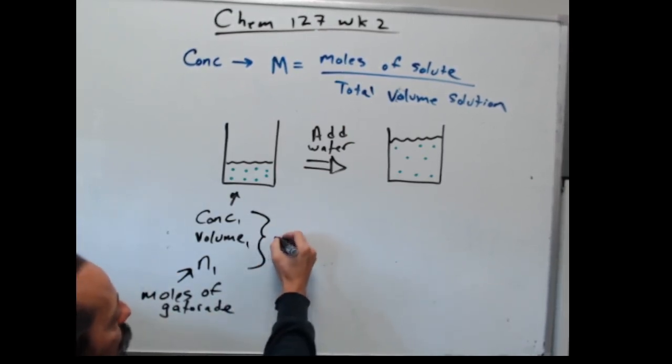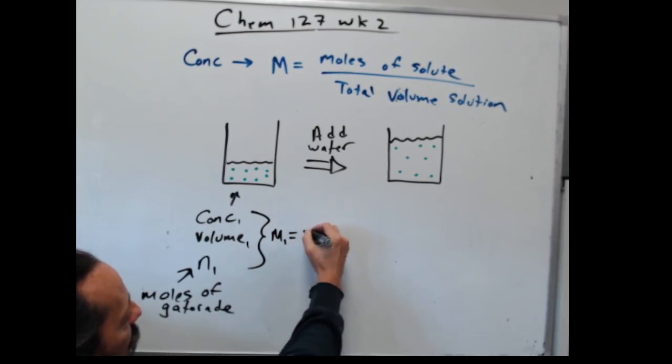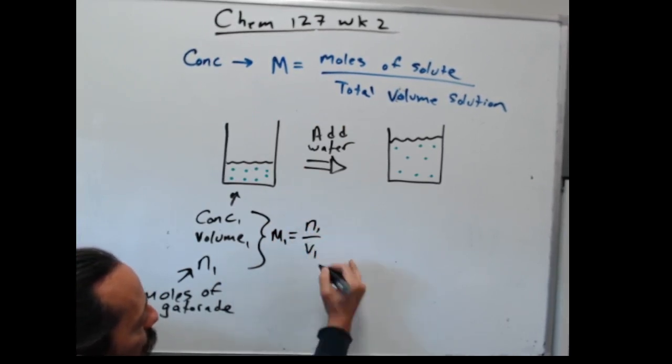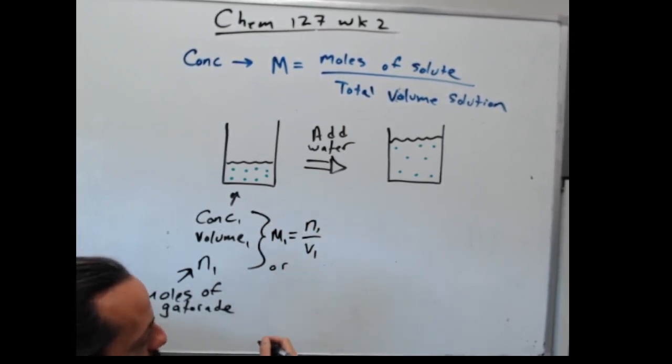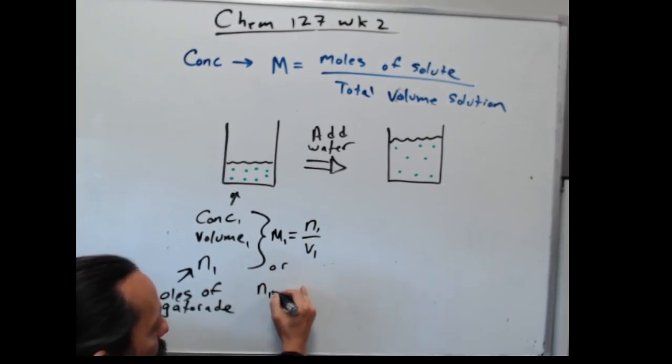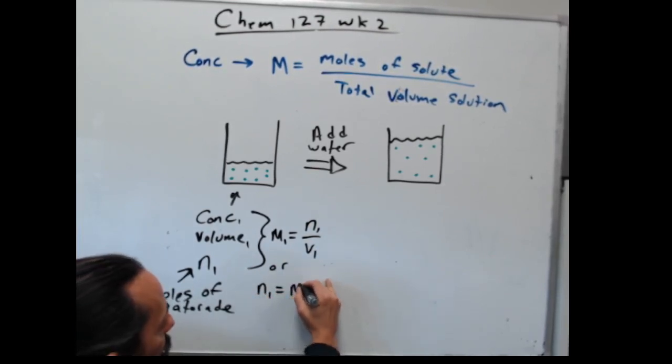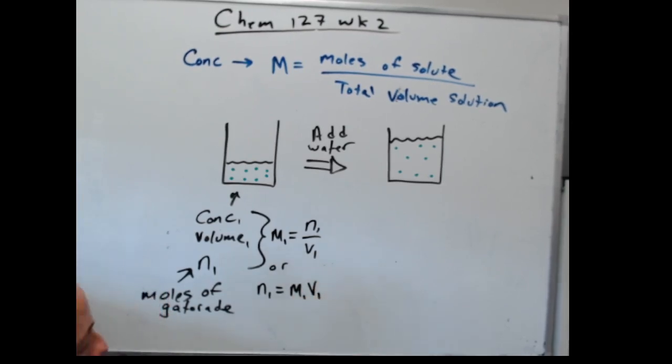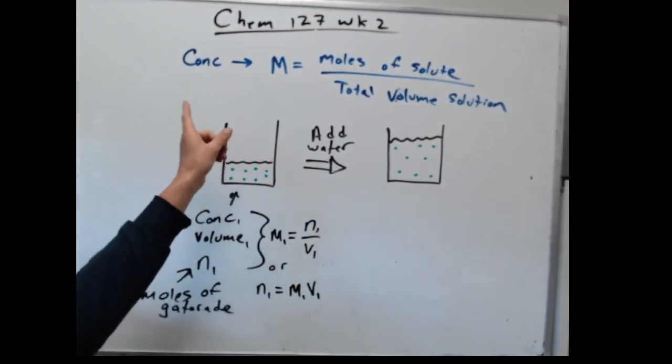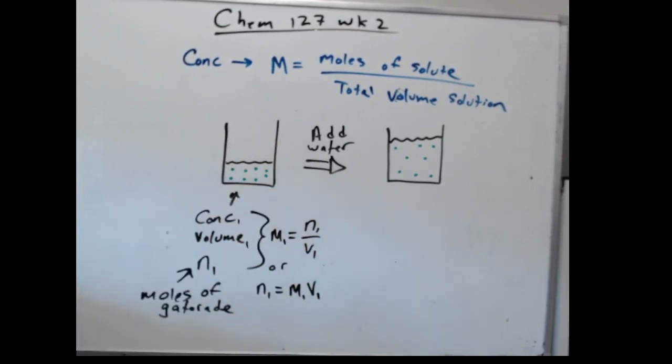I can do concentration 1 is equal to moles 1 over volume 1. Or I could rearrange it where my moles 1 is equal to my concentration 1 times my volume 1. Just rearranging that equation from the definition of concentration for molarity.